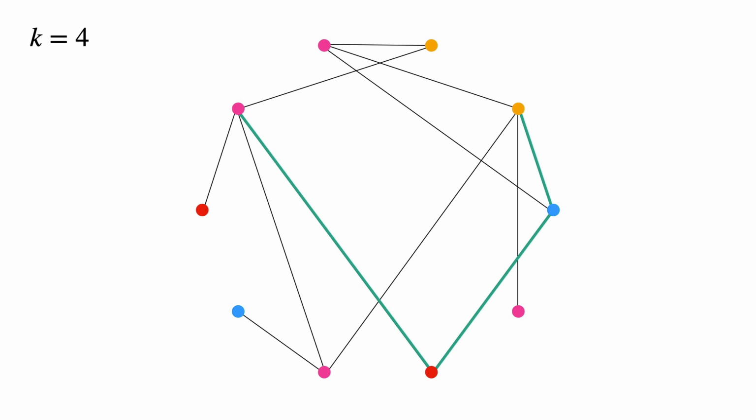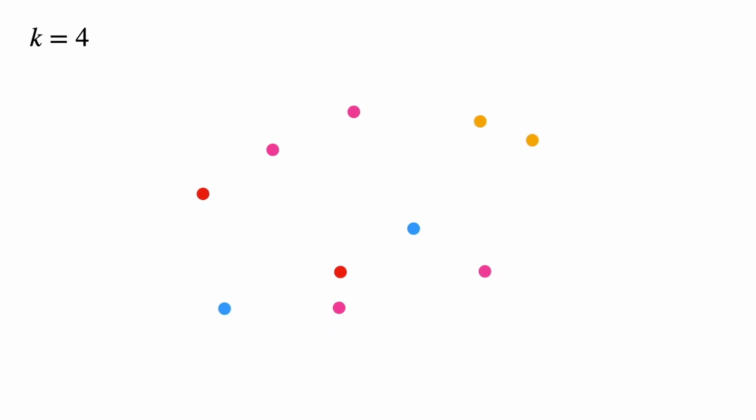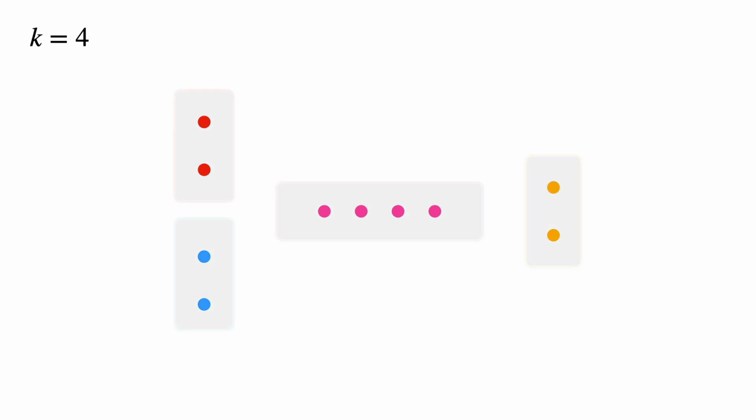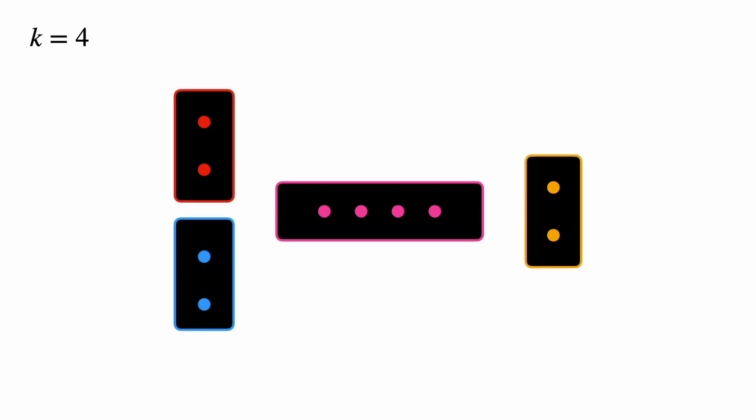Remember, we said that you could think of a k-coloring as a partition of the graph into k parts. So let's try to think of this in terms of the partition into these color classes. So what we know at this point is that there is a path that visits each color class exactly once, but what we don't know, for example, is the sequence in which these colors appear on the colorful path.